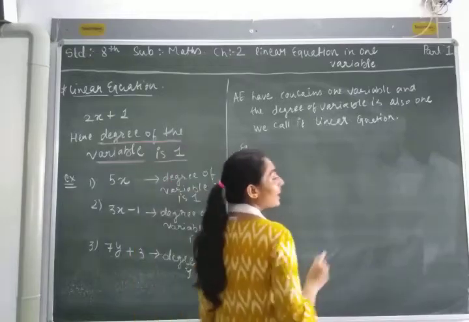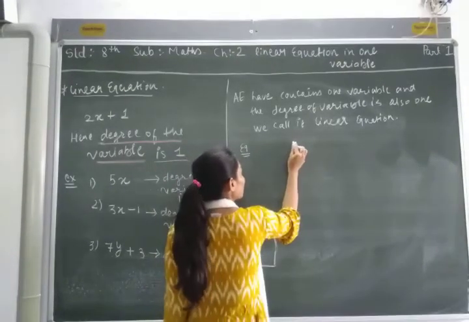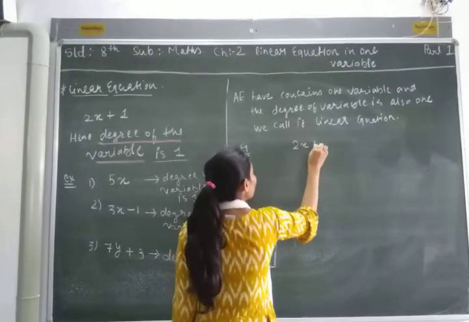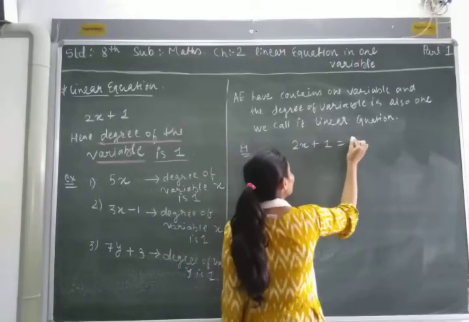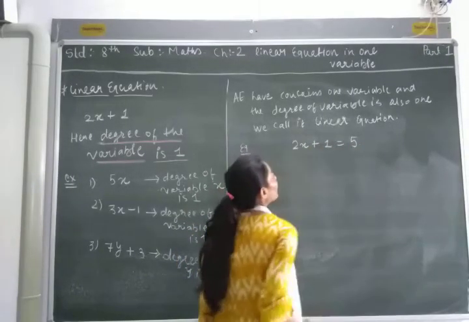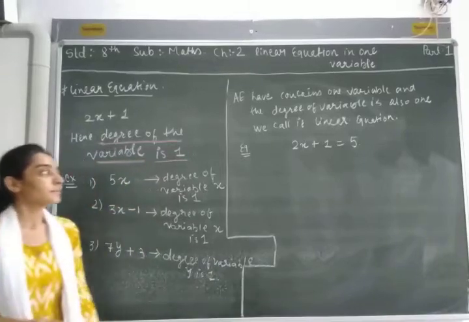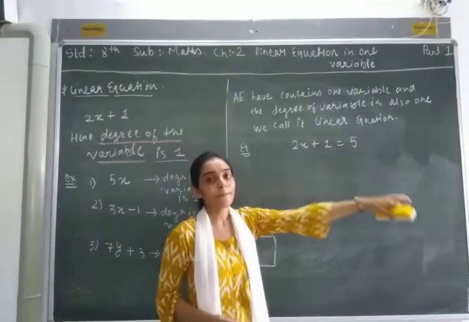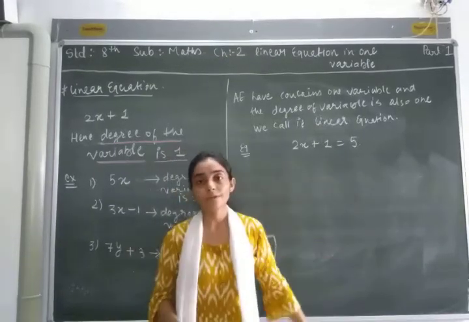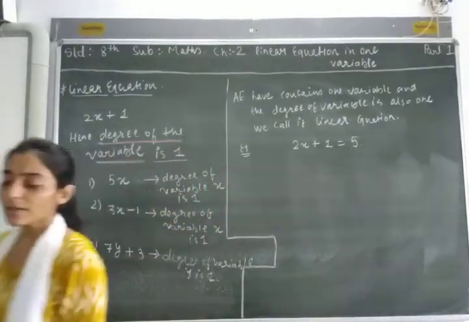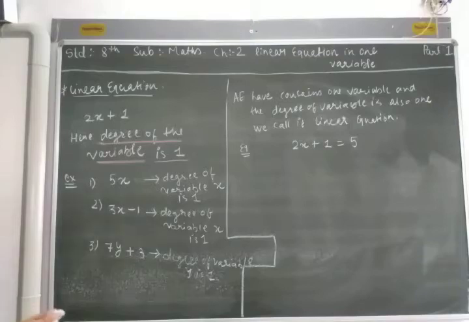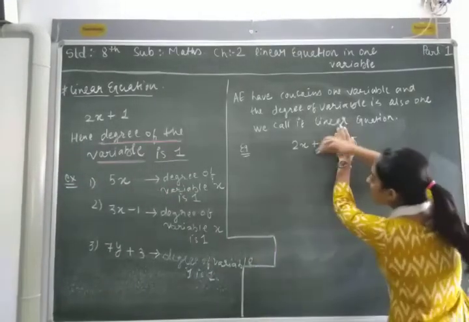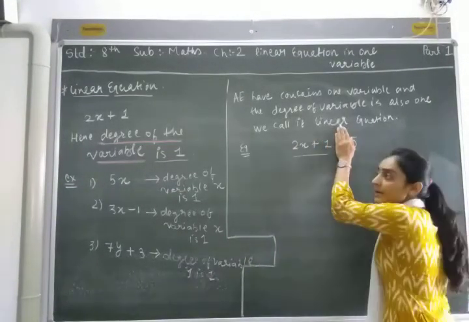for example, I write 2x plus 1 equals 5. Okay, the equality sign is also involved. If the equality sign is not involved, it does not make any difference to the degree, but this one represents a linear equation.